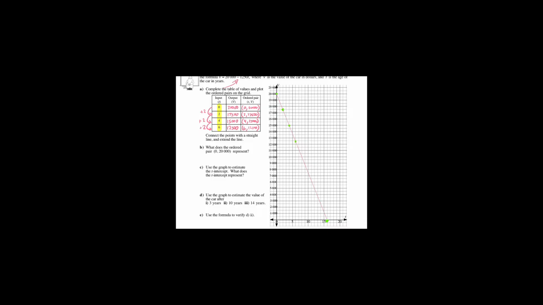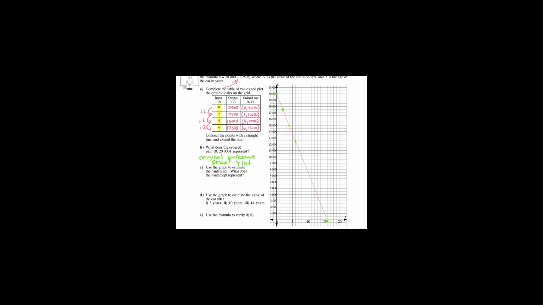Okay, so let's take a look at part B. What does the ordered pair 0, 20,000 represent? This is the original purchase price, which is going to be our y-intercept.